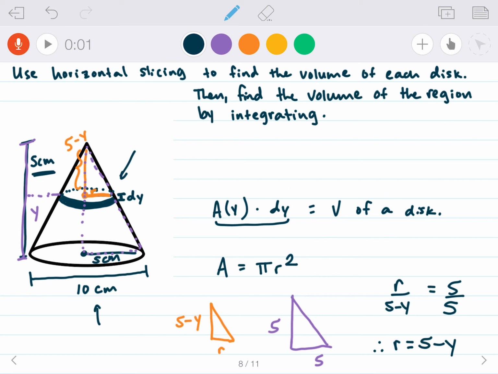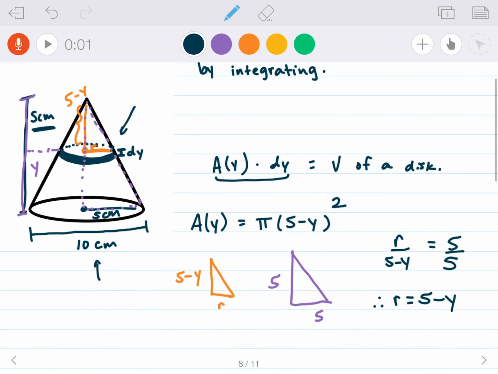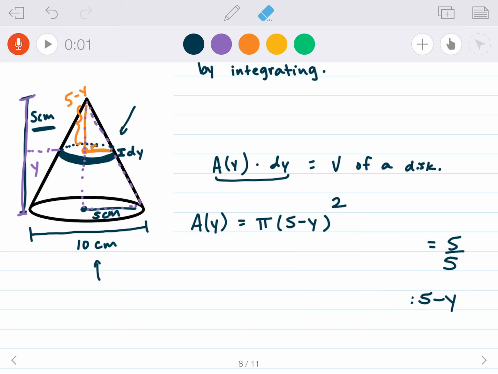So now, for the area in terms of y, I'm going to replace r with 5 minus y. So that's pi times 5 minus y squared. All right, and now we can actually put this in our formula. Let me erase some of this stuff and rewrite.